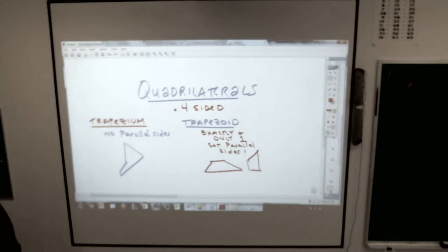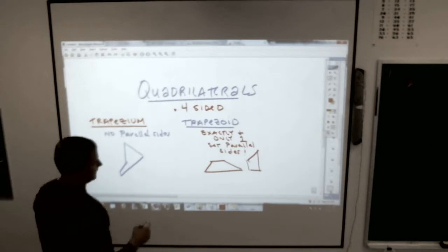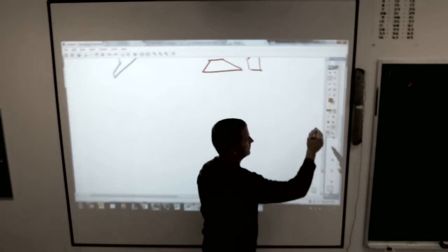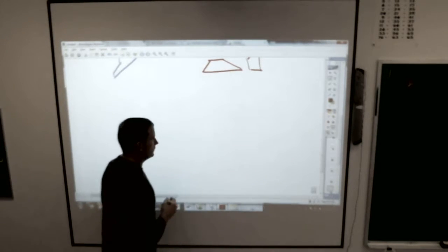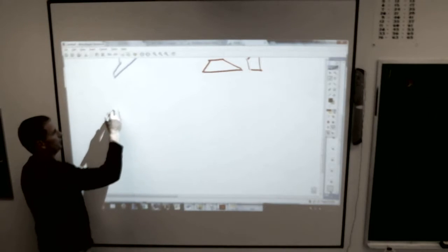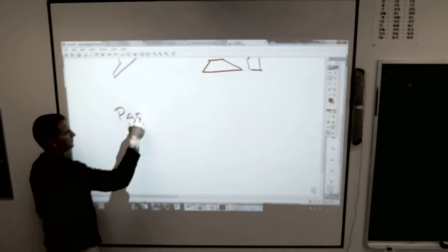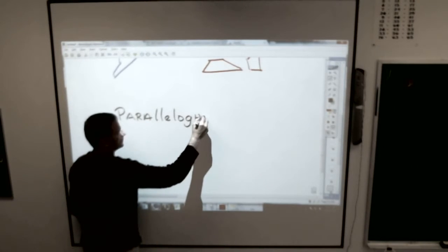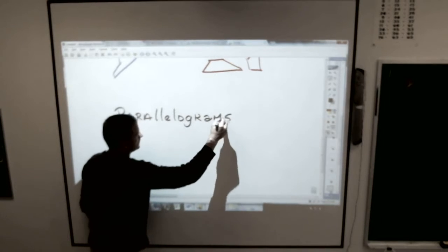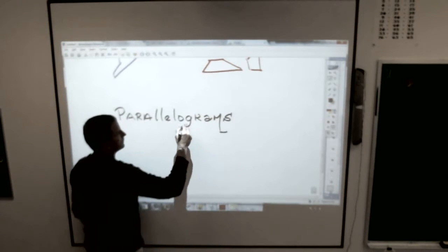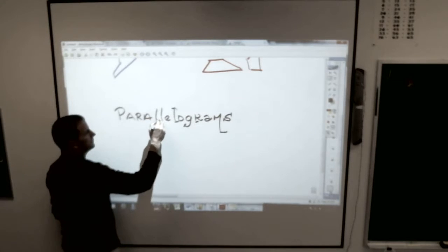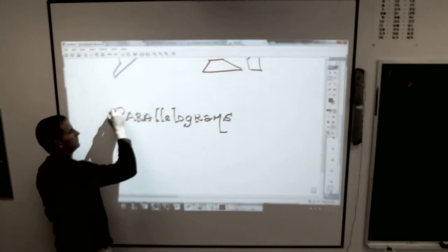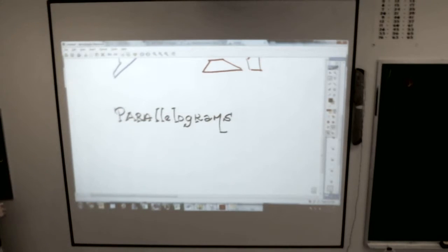Then, children, we must get into the ones that have parallel sides. What are they, you ask? Let's go with what we call the parallelograms.